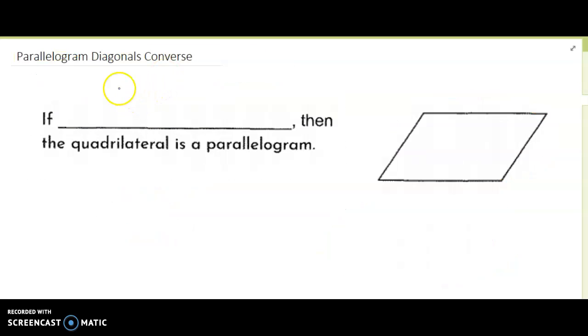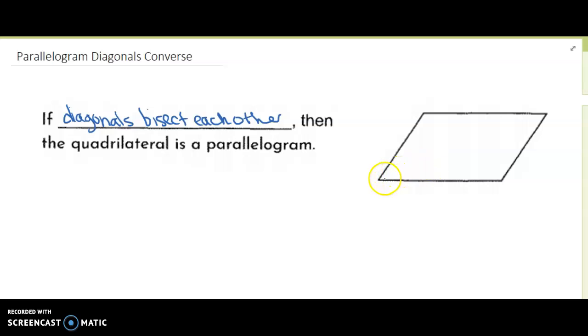All right, the last one would be the parallelogram diagonals converse, and as you can probably guess, if the diagonals bisect each other, then the quadrilateral is a parallelogram.